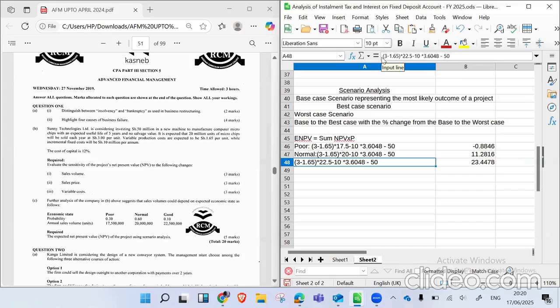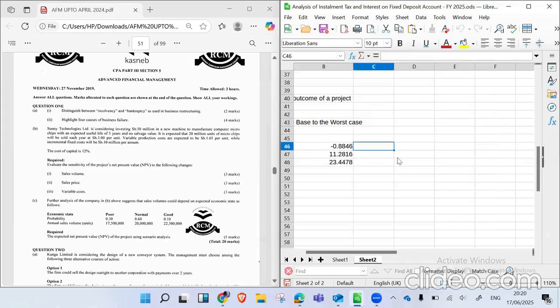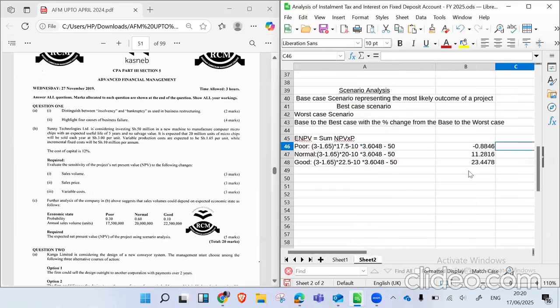So this is under good. And of course we have their probabilities.